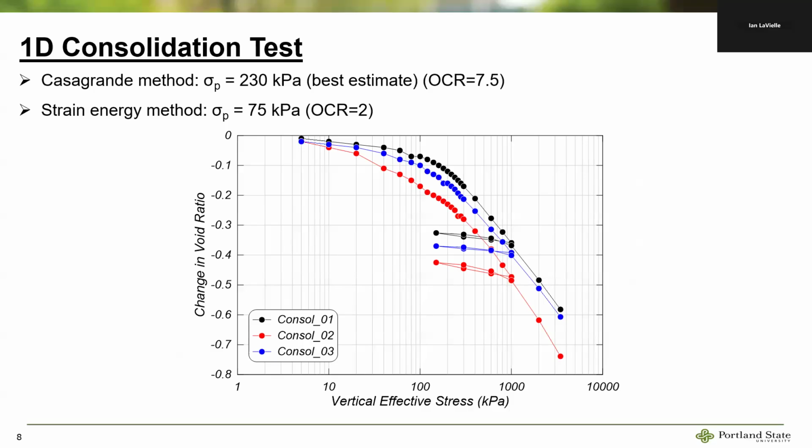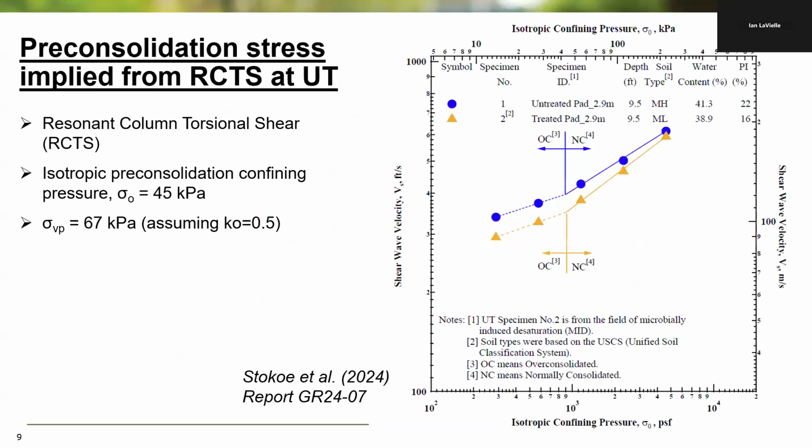So going back, 230 kPa using Casagrande gives us an OCR of 7.5. The lower pre-consolidation stress results in an OCR of about 2.